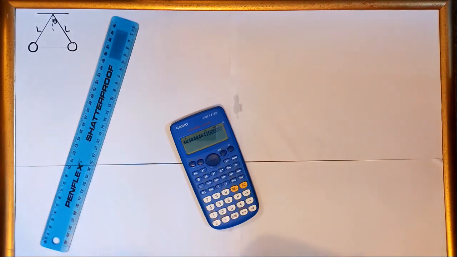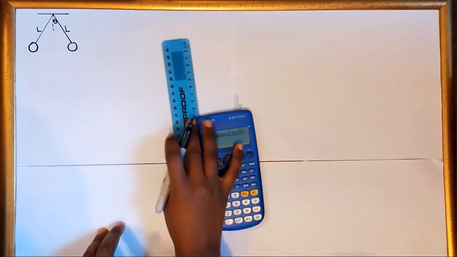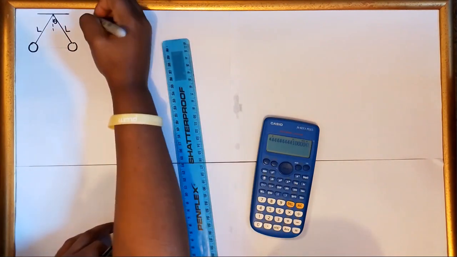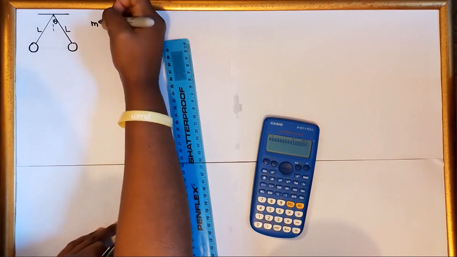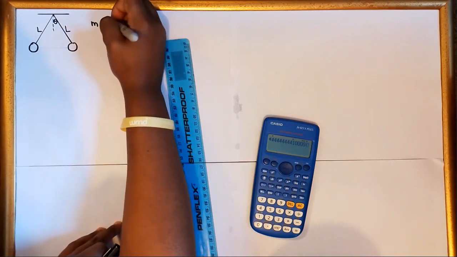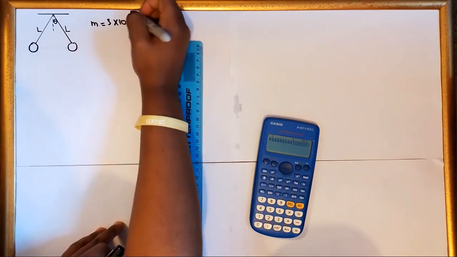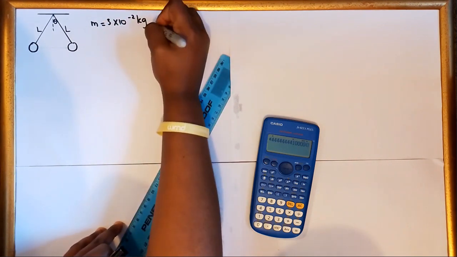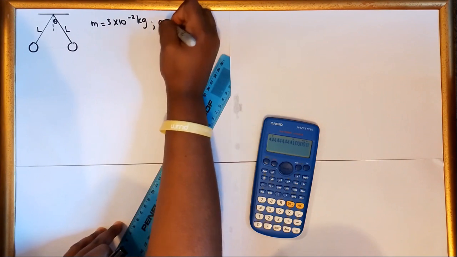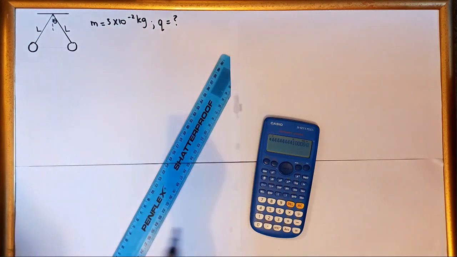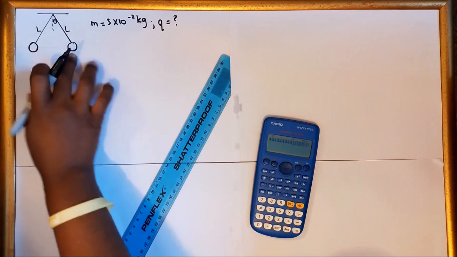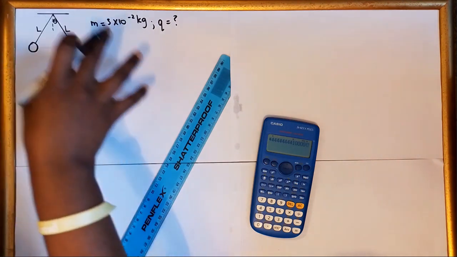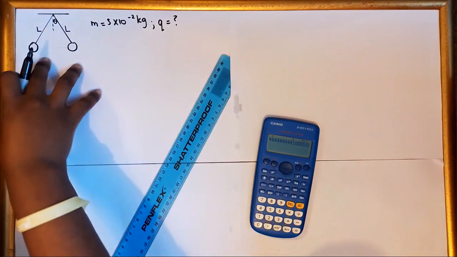Okay, so what are we given? We are given the mass, right? We know that the mass is equal to 3 times 10 to the power of minus 2 kg. We are looking for the charge. We are told that the spheres are identical, so they are either both positive or they are both negative.